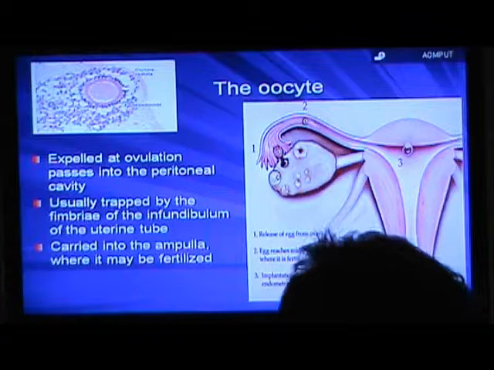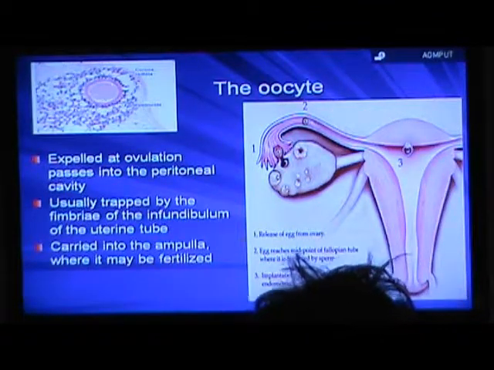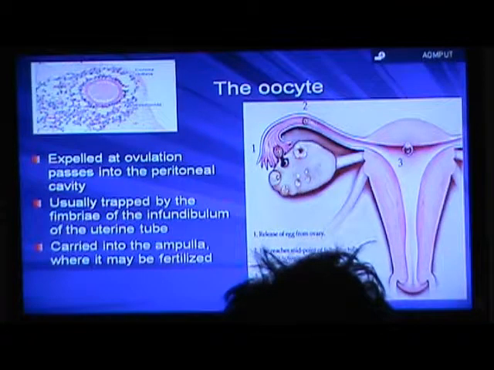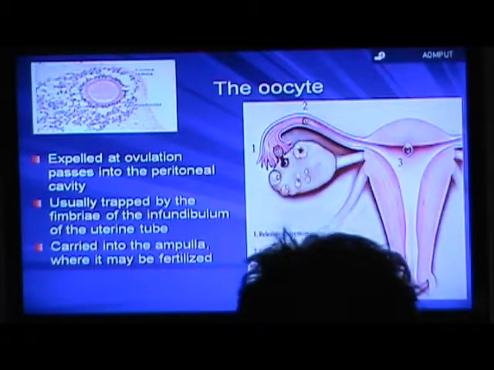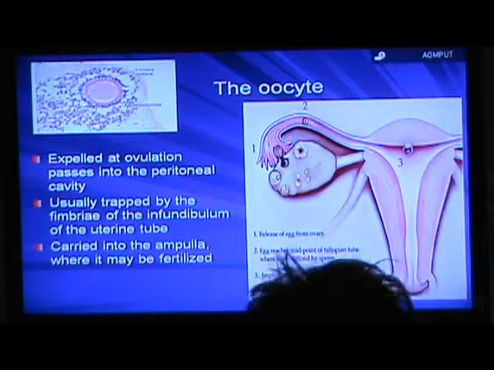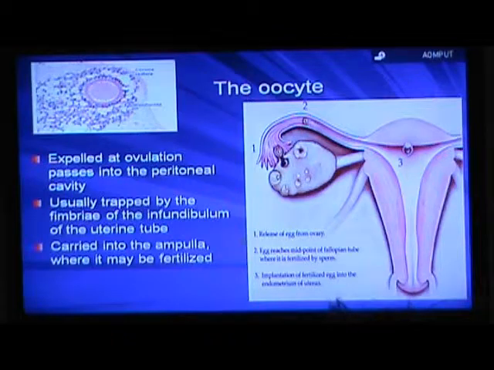Remember, the place of fertilization is in the ampulla of uterine tube, but what is very important, and I'm sure that I didn't tell you about it, is that implantation of the fertilized egg into the endometrium of the uterus has a best place.